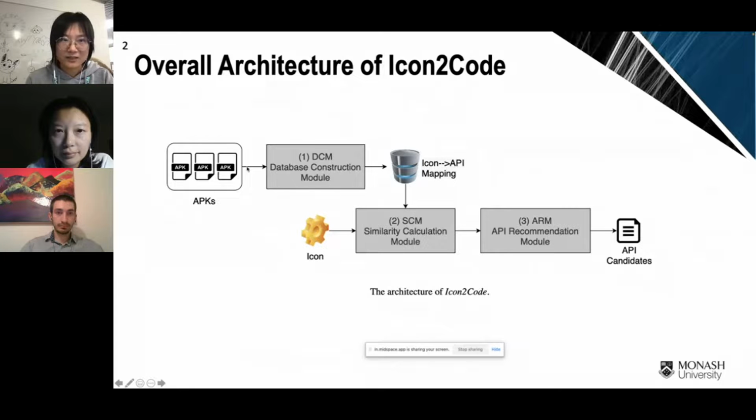DCM takes APKs as input, and the output is a database mapping icons to APIs. SCM takes the database and icons as input and outputs some similar icons. And the third module, ARM, will generate the recommended API candidates.